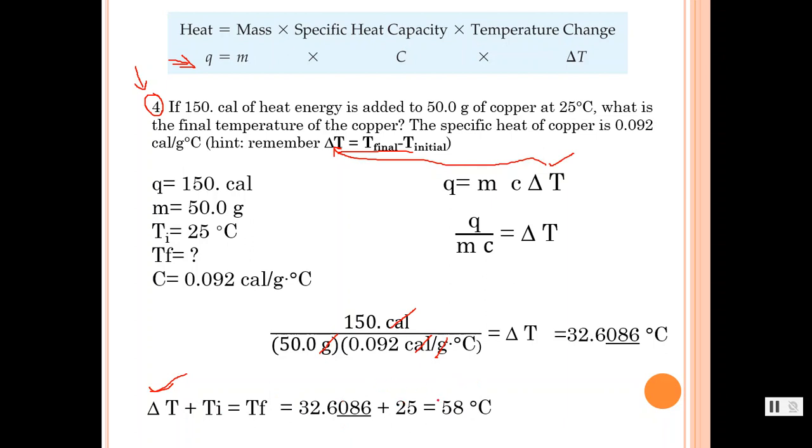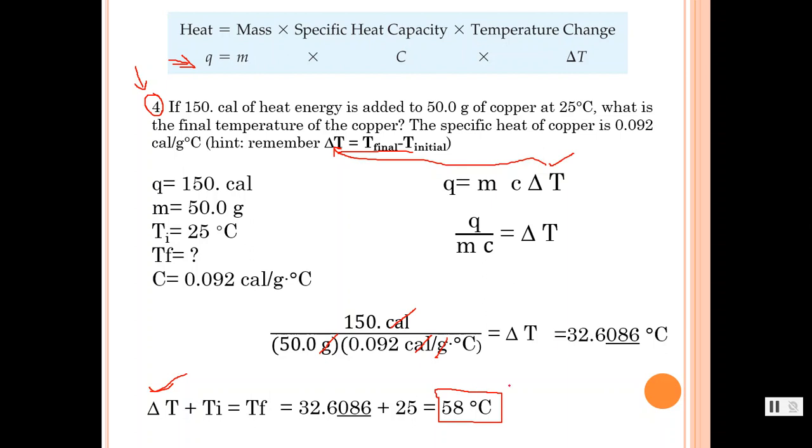And then rounding appropriately, what actually comes out is 57.6, but rounded to the whole degree would give you an answer of 58 due to rounding rules for addition. So the final temperature for our sample is 58 degrees Celsius.